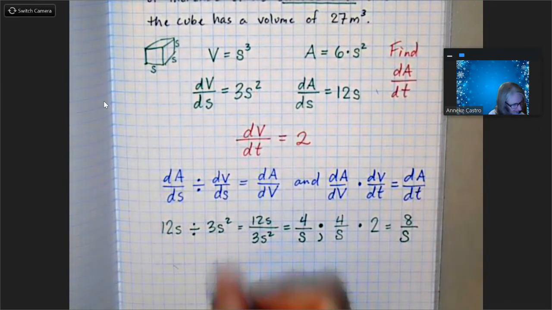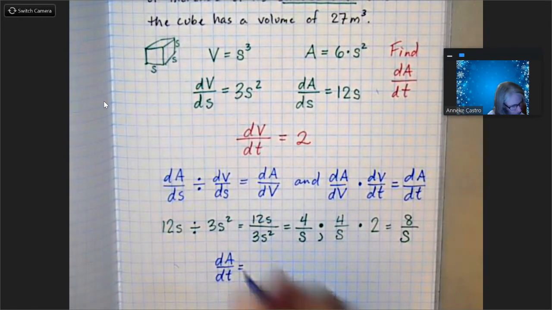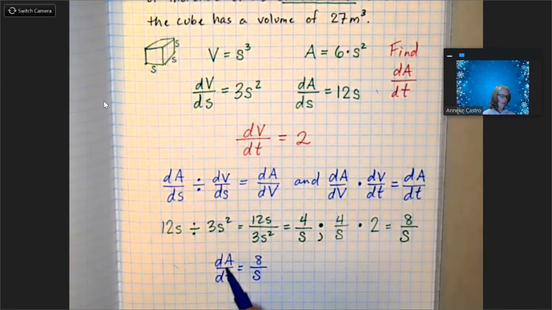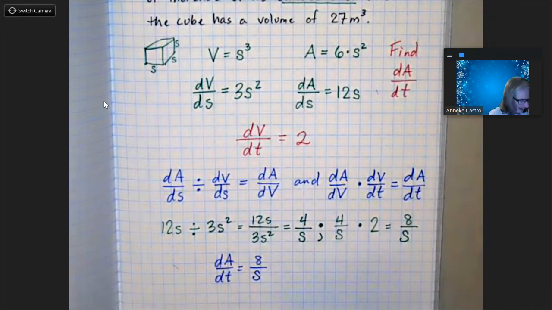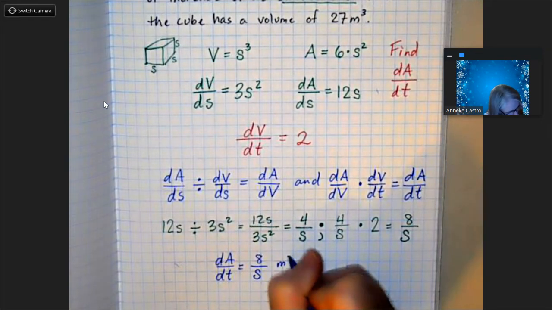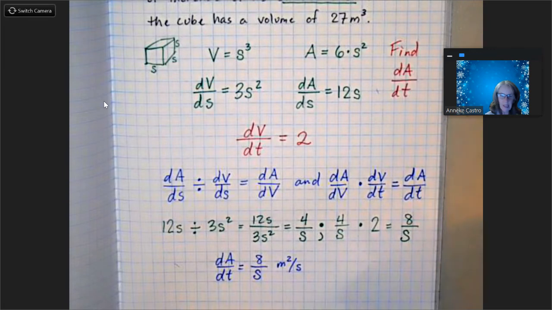So I know that dA/dt is equal to 8 divided by s. Okay, so the change in area in regards to time is going to be 8 over the side length, and that's going to be meters squared per second, because area is meters squared and t is seconds.